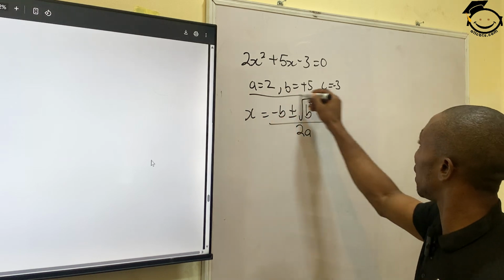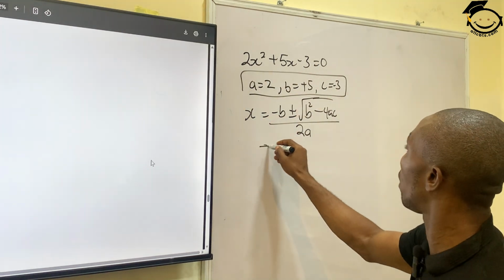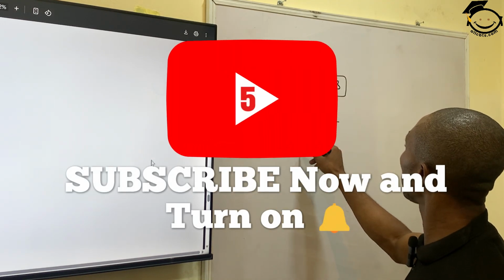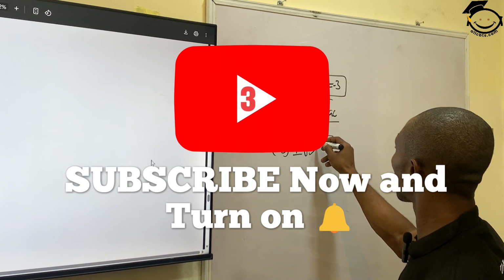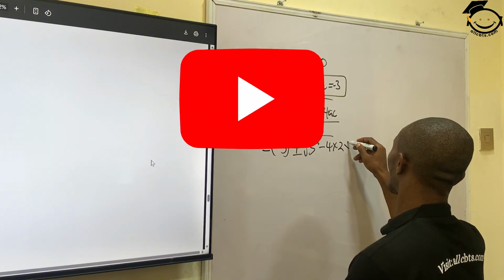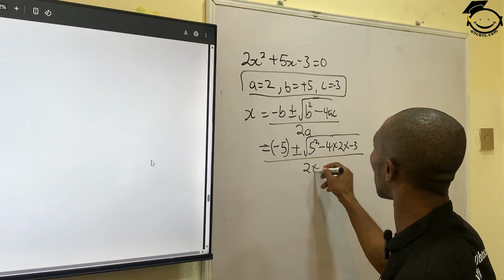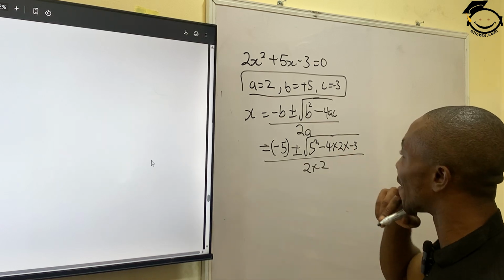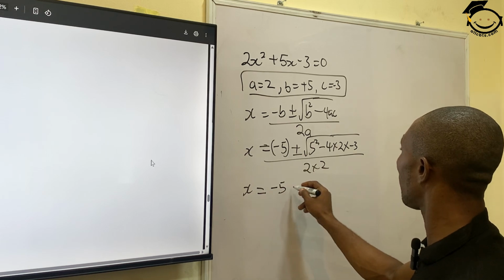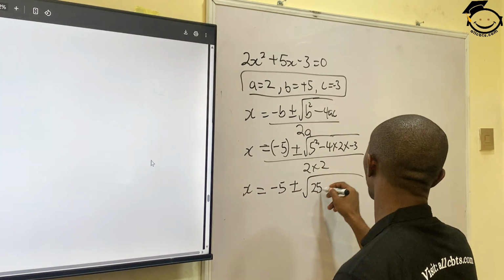Now, substituting these values into this formula, we have minus b will give us minus 5 plus or minus root 5 squared minus 4 times a is 2 and c is minus 3 all over 2 times a is 2.